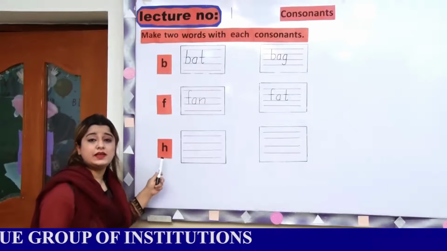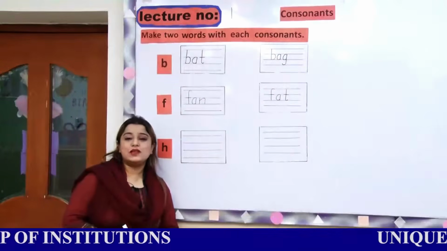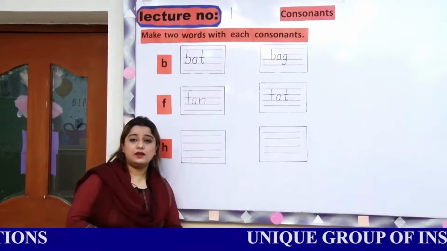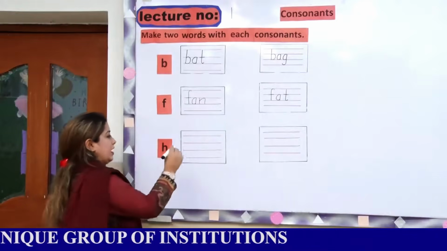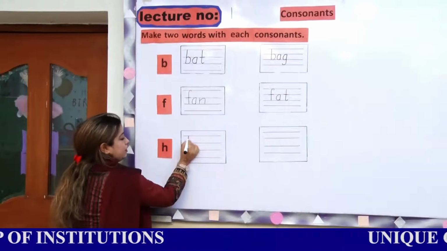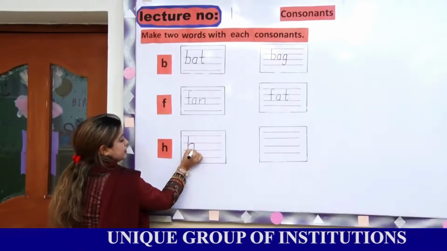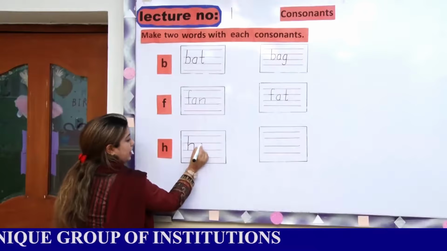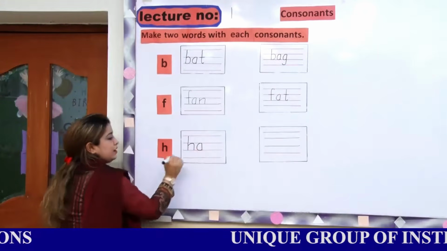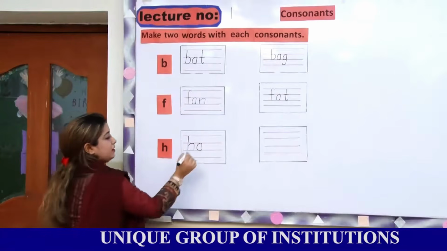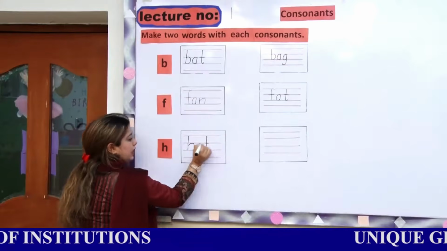The next consonant is H. And what is the sound of H? H. We will make two new words with H. Hat, hen. What are the spellings of hat? H will come in the first three lines. A. And how will you write A? Make a K and then a standing line. H, A, T, hat.